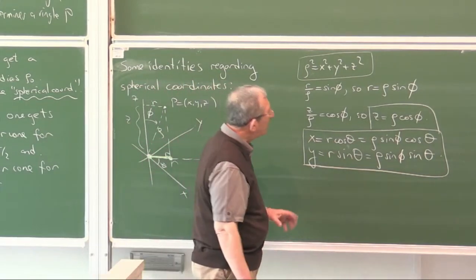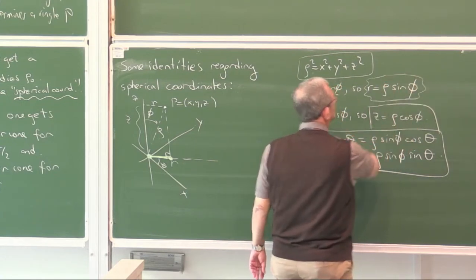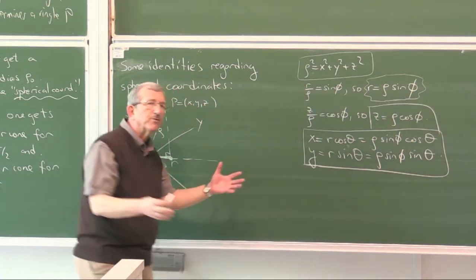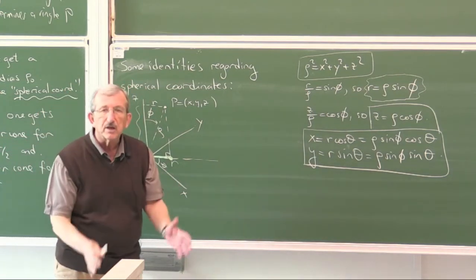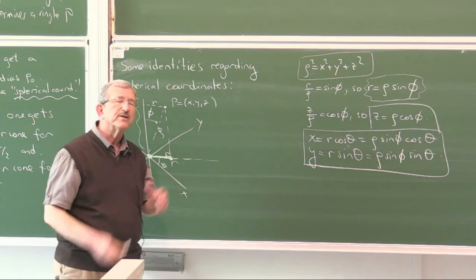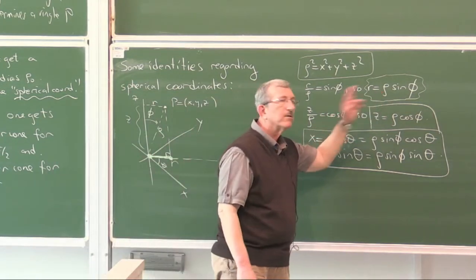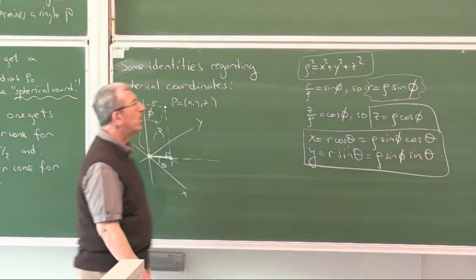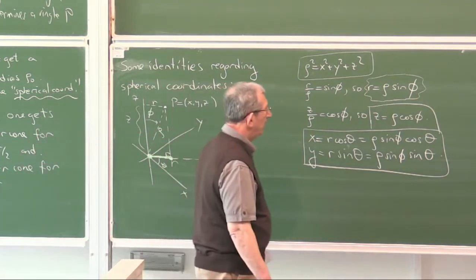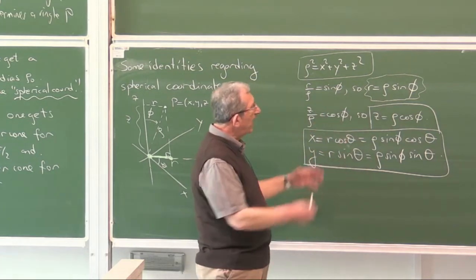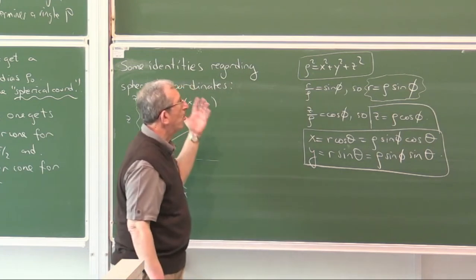But this is also important because we know a lot of things about the polar system, and we will be using them in geometrical considerations, and we will see that it will be quite useful. So it's good to remember that r is rho sine phi. Well, using these, you can look at it from the other side. For example, what is rho?